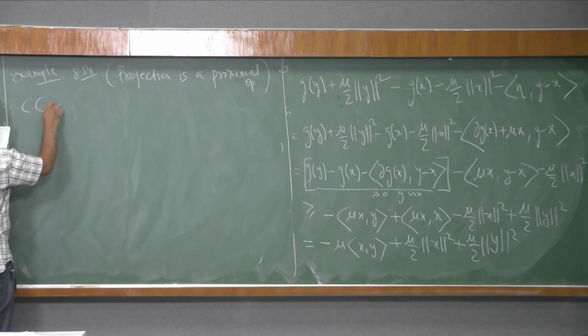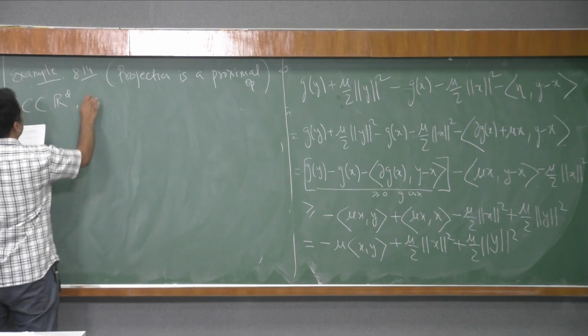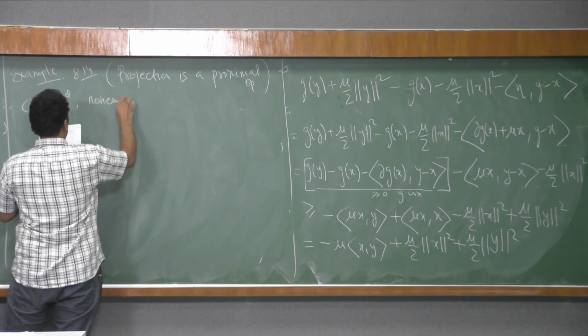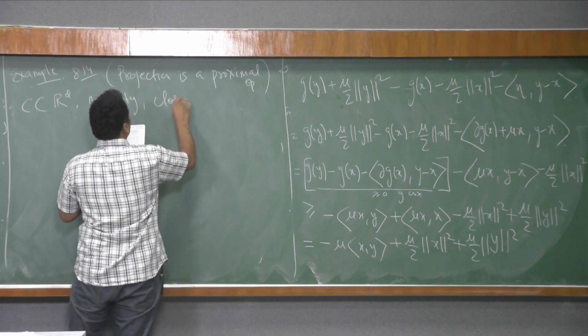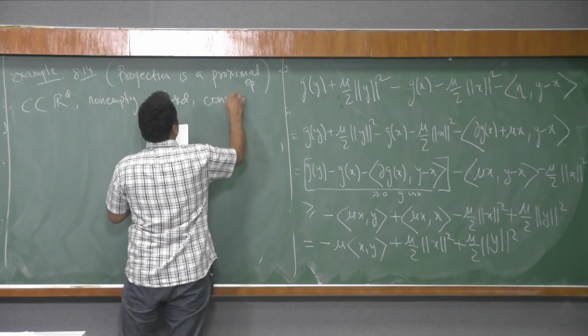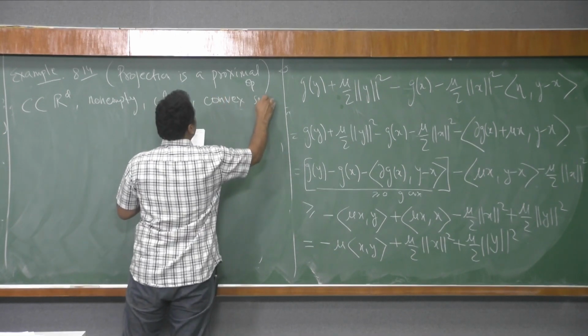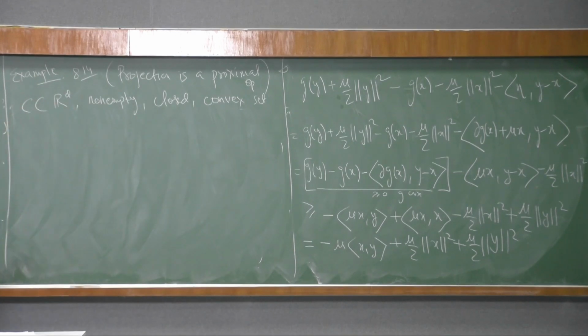Let us say that C is a subset of R^D, a non-empty, closed, convex set. I have never gone into topological aspects like closedness and so on, because at first sight you may get away with that, but closedness in general guarantees the existence of a minimizer and so on. You can skip it for the moment.